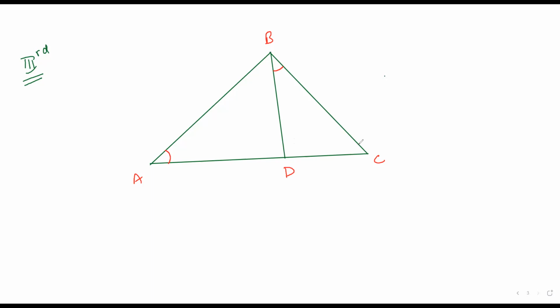So, I'll be taking this angle C of the smaller triangle. Angle C from the smaller triangle is equal to the angle C of the bigger triangle. Suppose I'm taking the triangle CBD, the smaller triangle CBD.